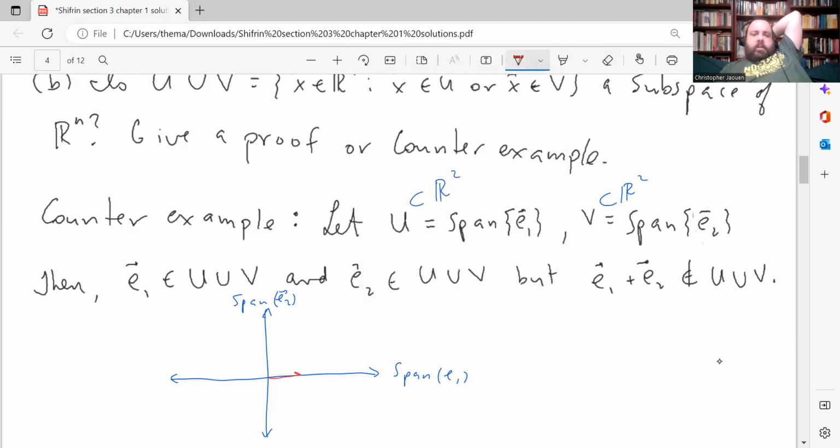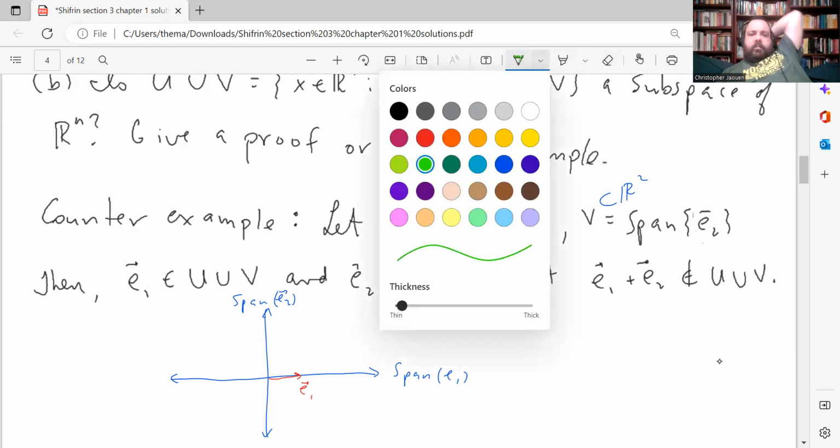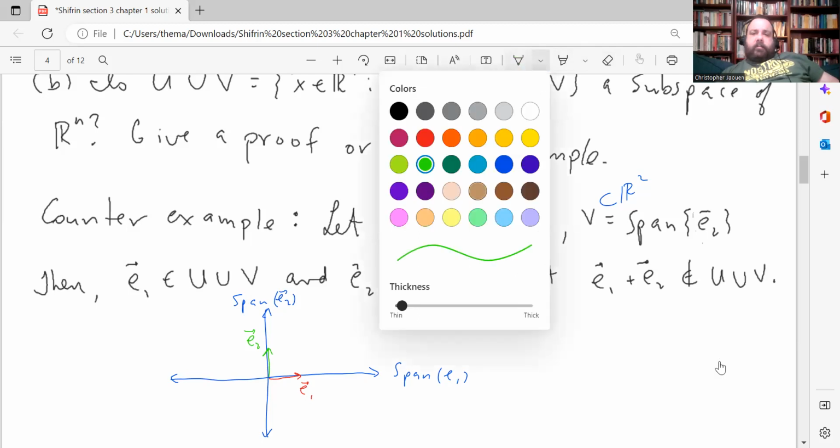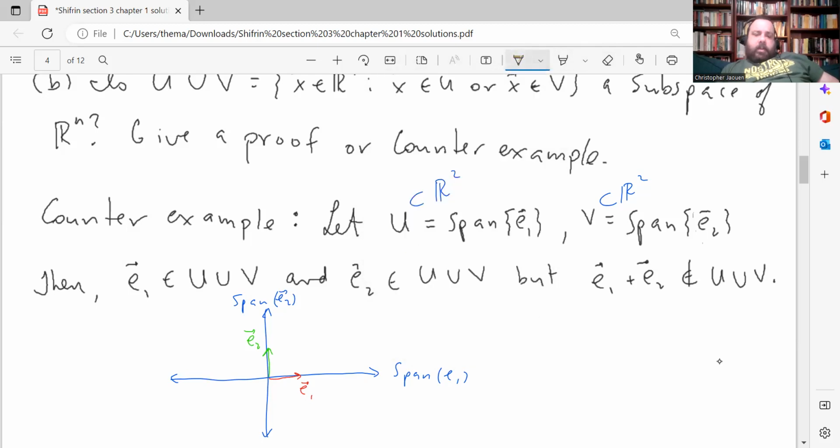This is e1. This is e2. So you can see that those two vectors are in the union of those two subspaces. However, if you take their sum, you get this vector, and notice that that vector is not on one of the two blue lines.